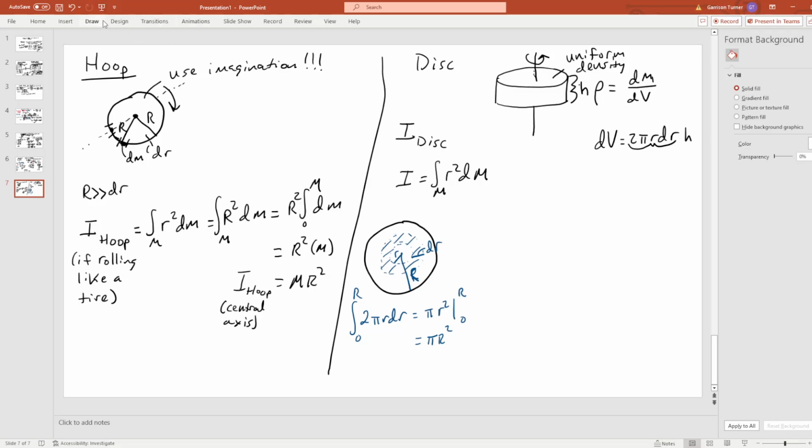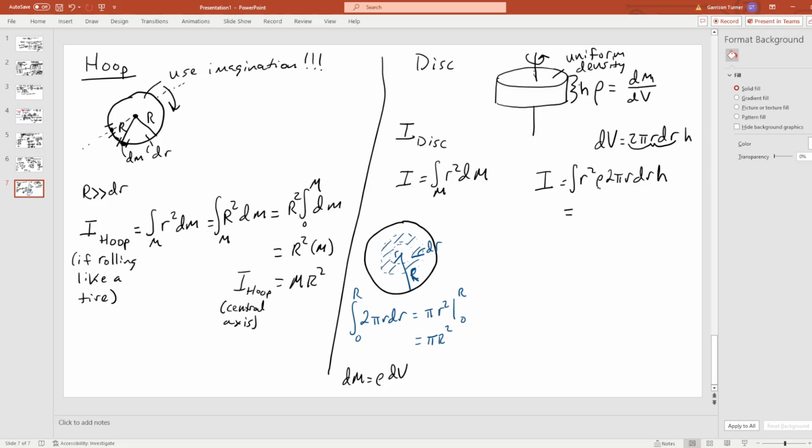And so now I can substitute that into my integral. But I need to do something first. Remember that rho is dm over dV, so that means that dm is equal to rho dV. So I need to include a rho here. So rho times 2 pi r dr h.